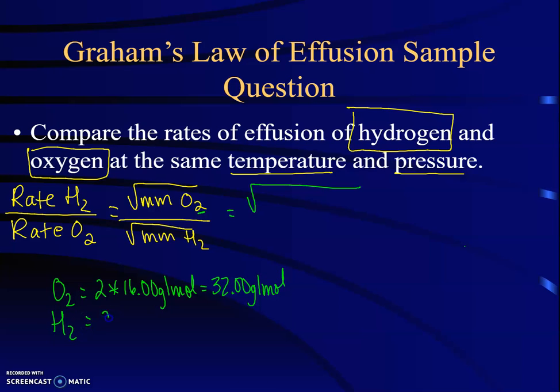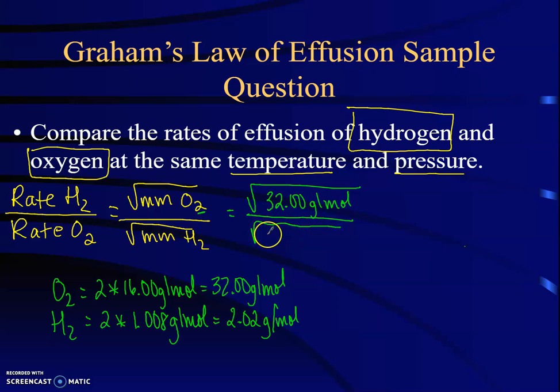Hydrogen is 2 times 1.008 grams per mole, which is going to be 2.02. So we're going to plug in our 32 grams per mole up top and the square root of 2.02 grams per mole on the bottom.